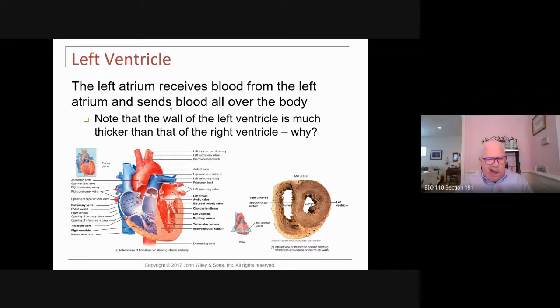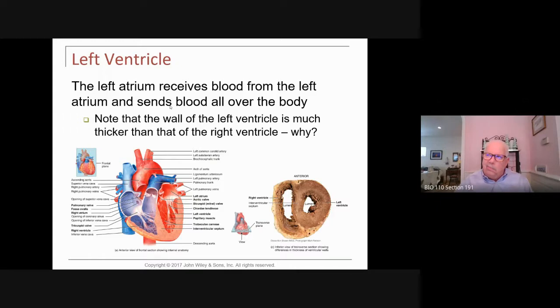I'm going to repeat that one more time. The right atrium receives deoxygenated blood from three major veins: the superior vena cava, the inferior vena cava, and the coronary sinus. The right atrium takes that deoxygenated blood and puts it in the right ventricle.